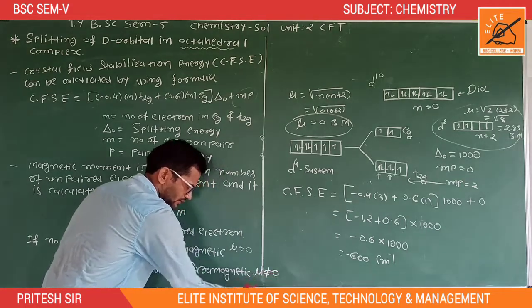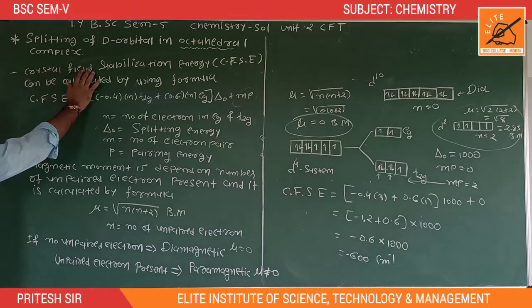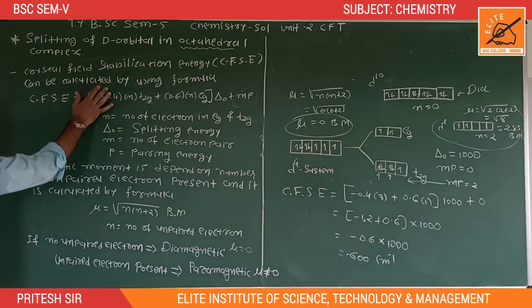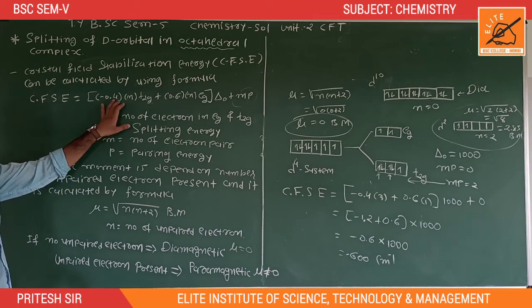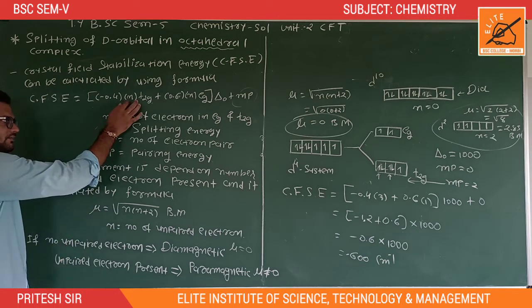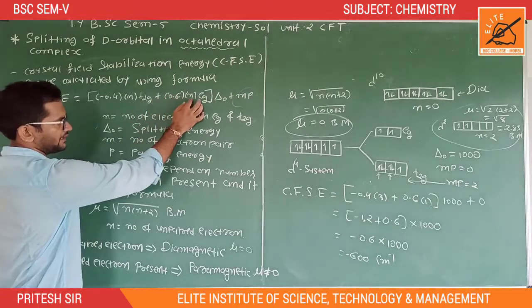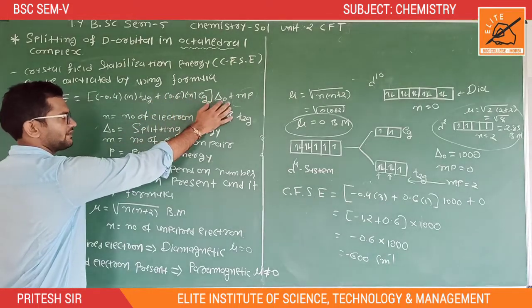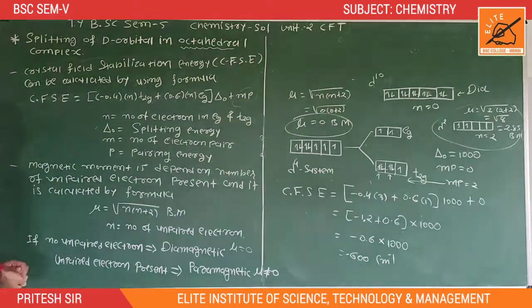Okay, so CFSE, it means crystal field stabilization energy, can be calculated by using the formula CFSE is equal to minus 0.4 times the number of electrons in t2g plus 0.6 times the number of electrons in the eg orbital, Δ octahedral, plus mP, which means pairing energy.